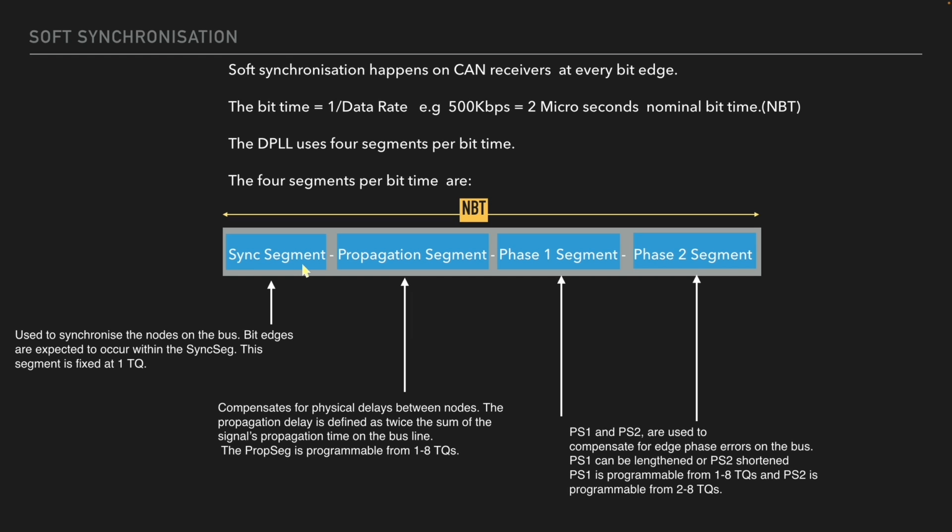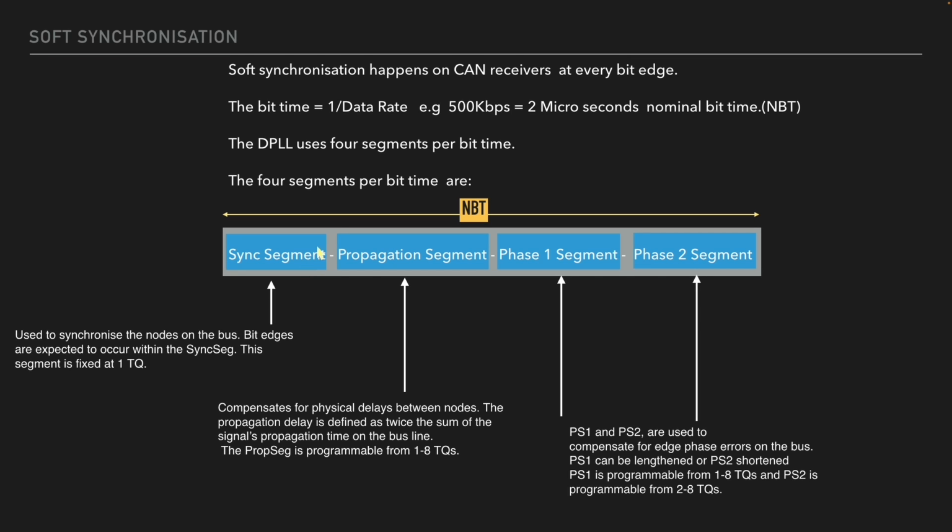We typically call this the time quanta, and this is typically 1 time quanta. We'll look at that very shortly after this slide. If it falls outside the sync segment, then certain actions will happen with the clock. And I'll have some examples later in the slides on what will happen.